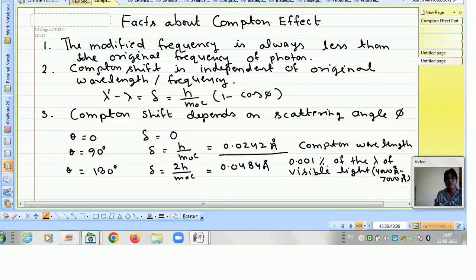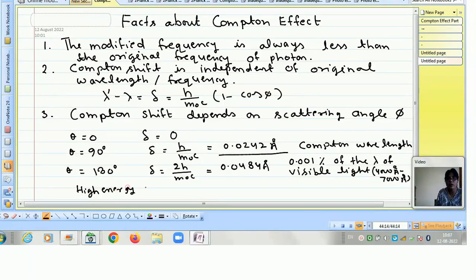Now if we incident a low energy photon on the light element, then there may be some scattering process, but the change in the wavelength is very small because it is only 0.001% of the original wavelength lambda of the visible light, which is nearly 4000 angstrom. So we cannot observe it experimentally. It is difficult to observe, and we cannot say that some effect has been done.